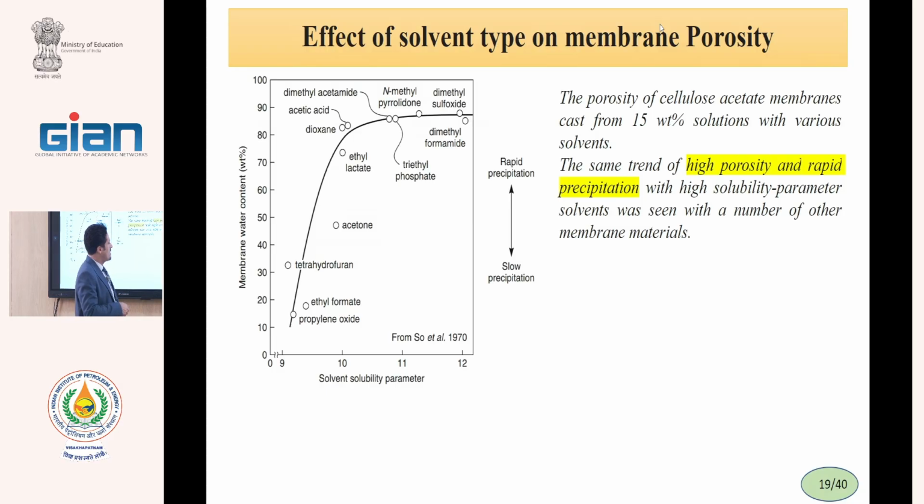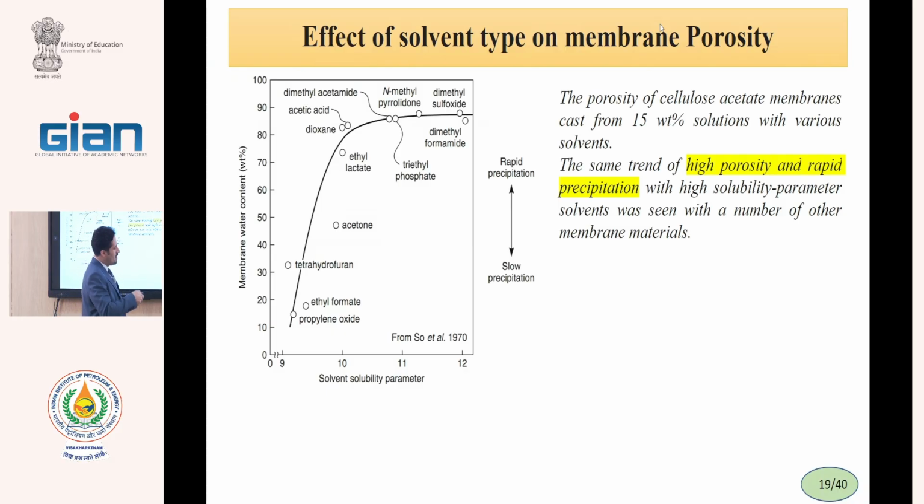We have a solvent solubility parameter, which I will discuss in the green solvents session on day 4. Every solvent has a solubility parameter, which determines whether a polymer can be dissolved in that solvent. With the solubility parameter, we can predict whether a solvent can dissolve a polymer or not.